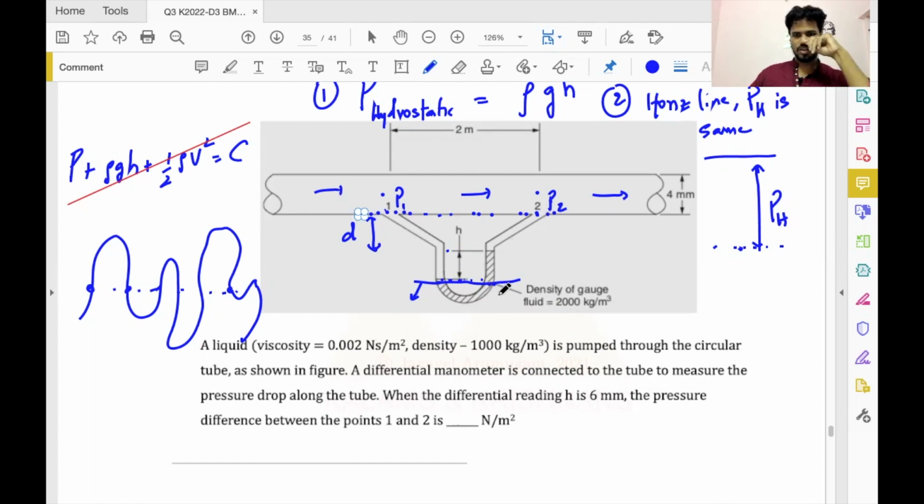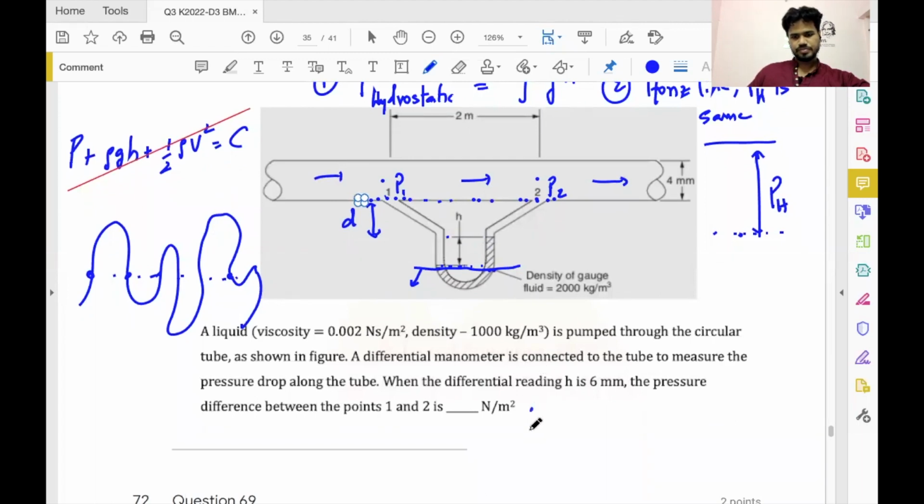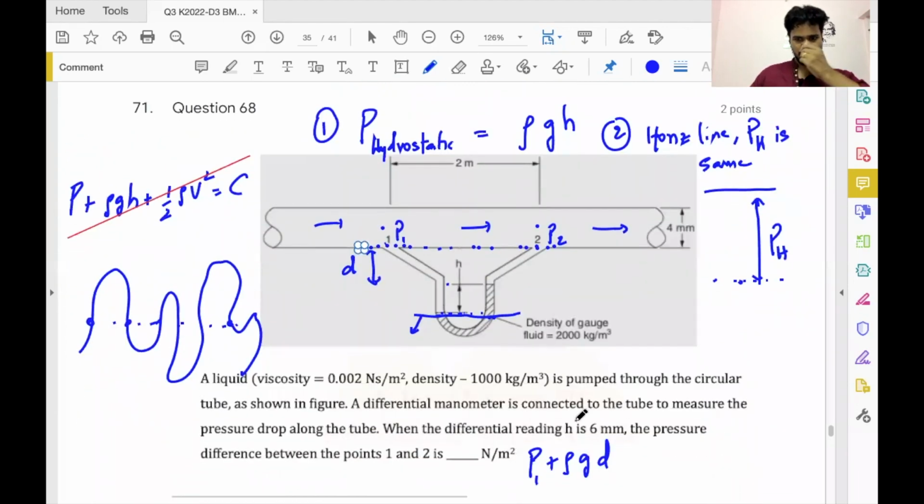They should be one and the same. You take P1, then you have an additional pressure of rho g d. And now there is also a difference between what this fluid is and what this fluid is.